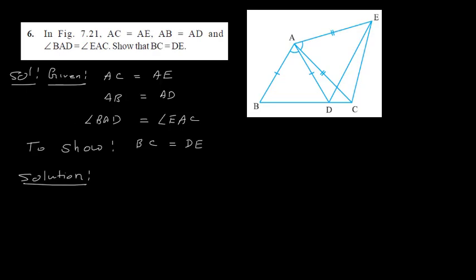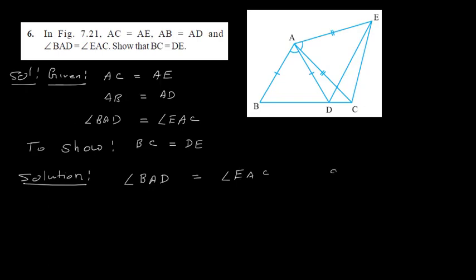When we have to prove, then in that case we will write proof, and when we have to solve, it is solution. Now first, I will write angle BAD is equal to angle EAC.